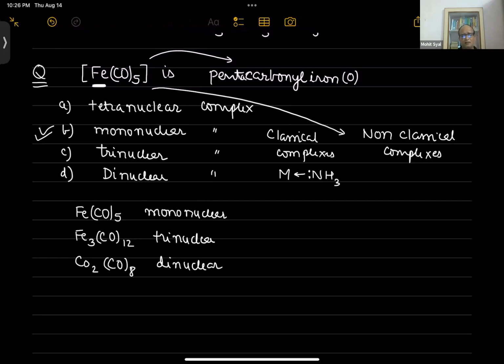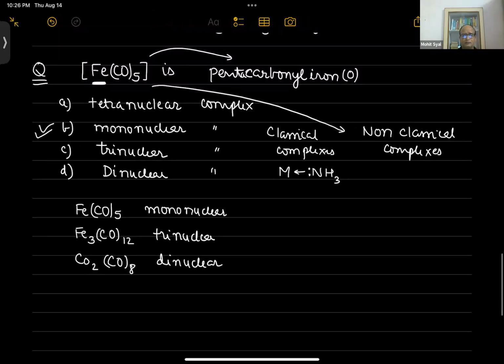In a non-classical one, what is basically happening is that, for example in Fe and CO, the CO is donating its lone pair and CO is also accepting a pair of electrons from iron.